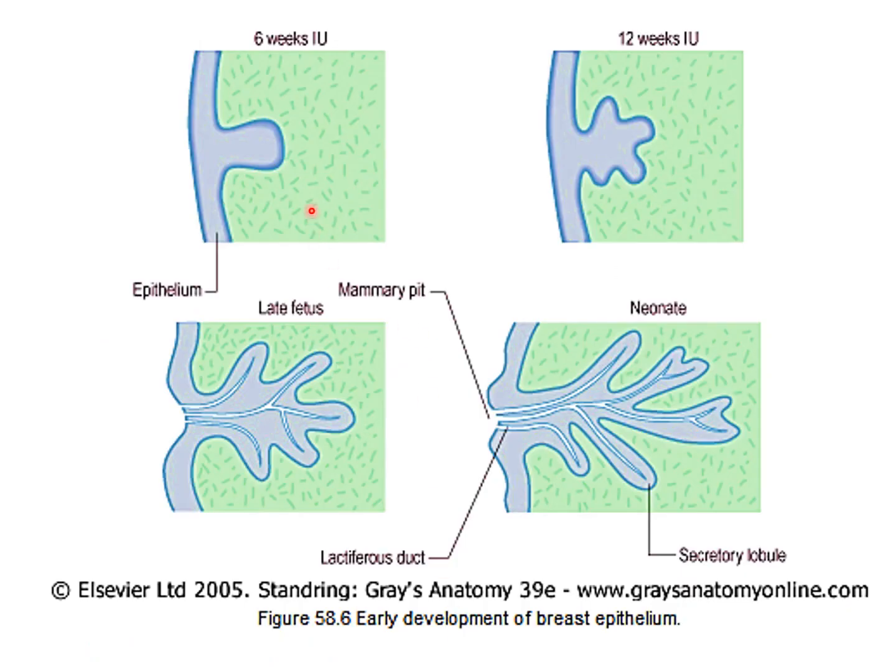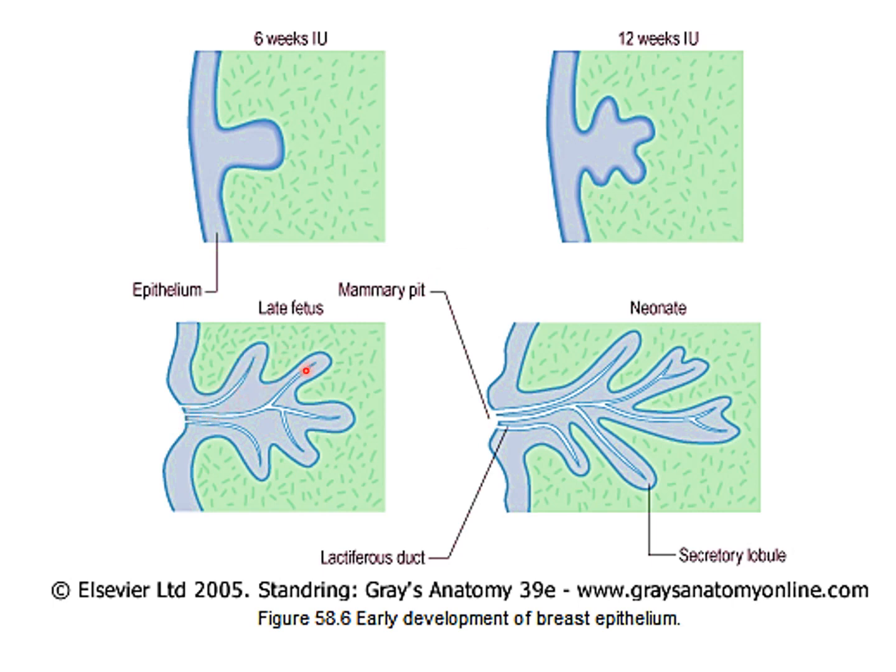So here you can see epithelium, and this is the underlying mesenchyme. So the epithelium starts to penetrate inside in the sixth week of intrauterine life. Then in the twelfth week, it starts to divide. That initial bud divides, and as it is dividing, the ducts are canalizing now.